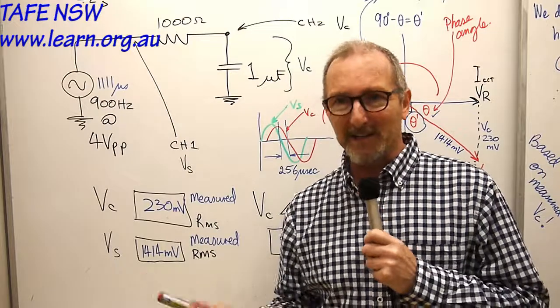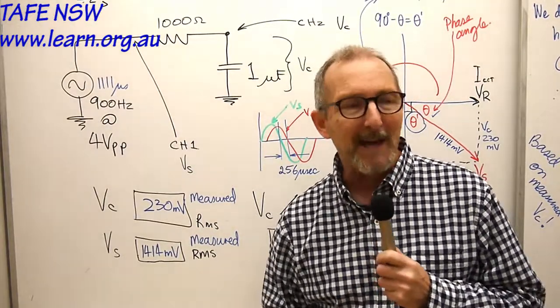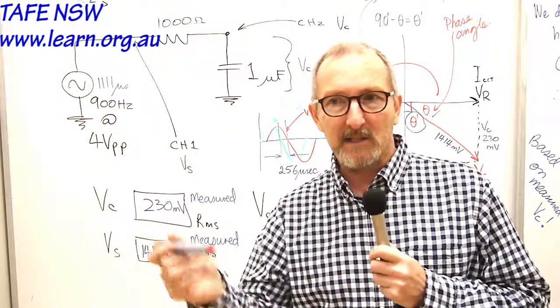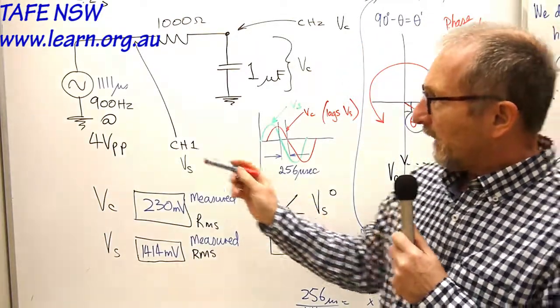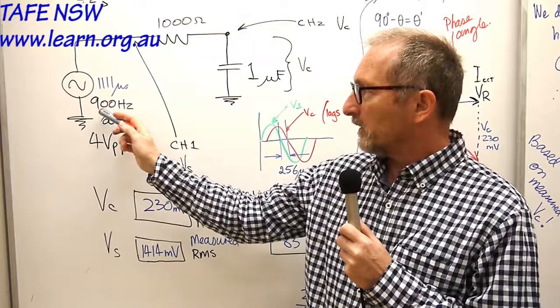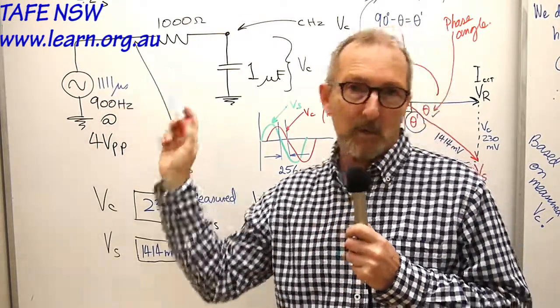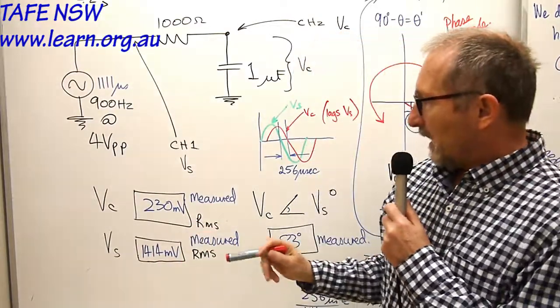Alright, so we've taken the time to go away and play in class and do the first part of the lab. But now let's check exactly against the results that we got. We calculated the period for 900 Hertz, and we came up with 1.1111 milliseconds, 1111 microseconds.